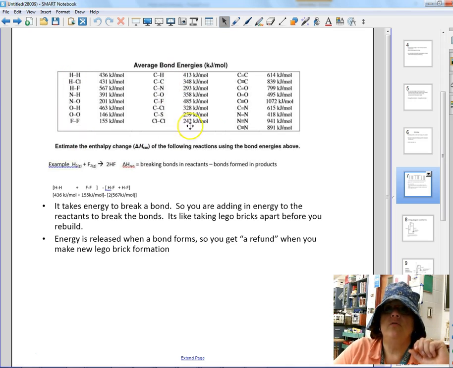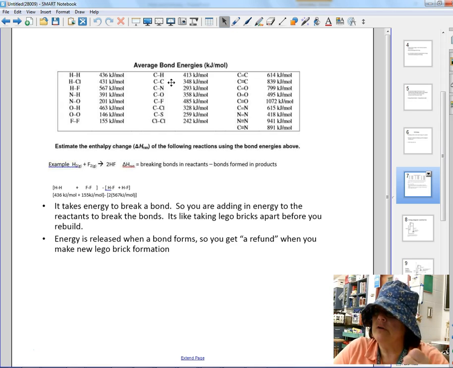Notice, as we move on over here to the third column, a double bonded carbon is 614 kilojoules per mole, whereas the single bonded, which is right back here, is 348. So a double bond requires more energy to break.